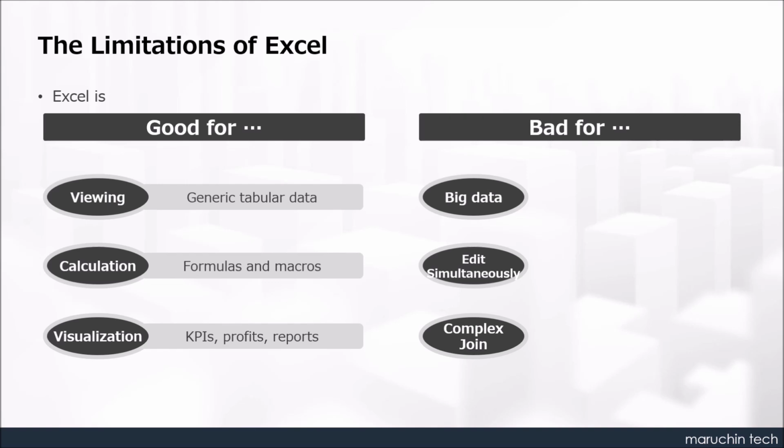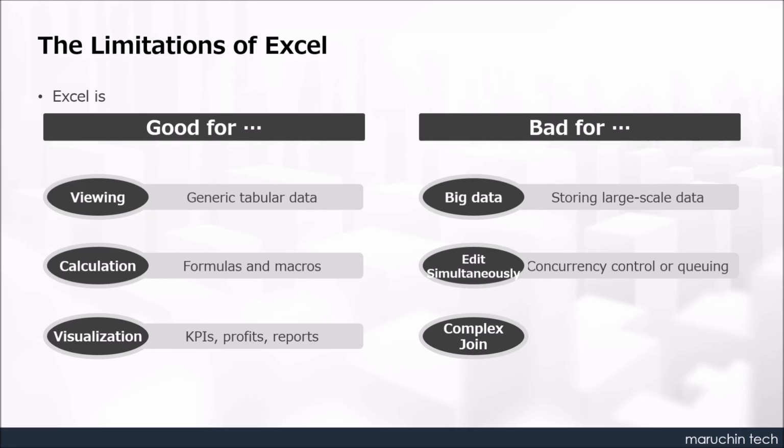On the other hand, Excel is not suitable for storing large-scale data. In enterprise systems, we often store terabytes or even petabytes of data. However, since Excel runs on a local personal computer, the data capacity is limited by that PC. It is also not suitable for use cases where many users need to edit simultaneously.